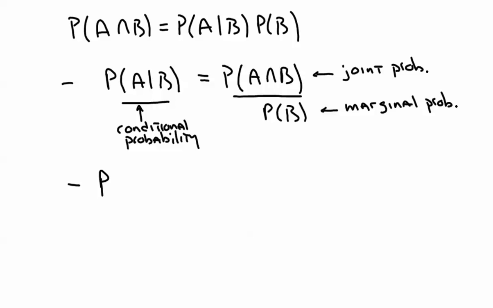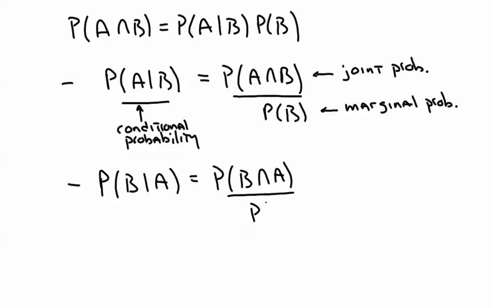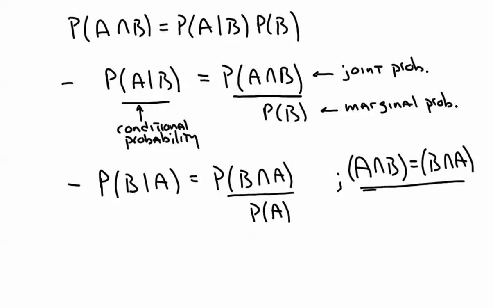We could say probability of B if A equals probability of B intersect A divided by the probability of A. Well, we know that A intersect B equals B intersect A from the commutative property of set theory.